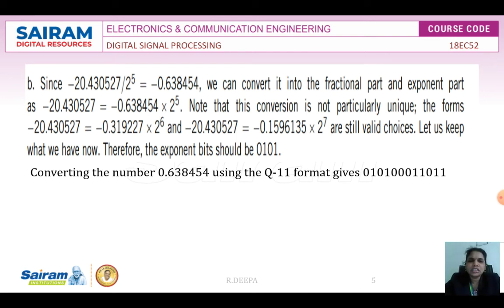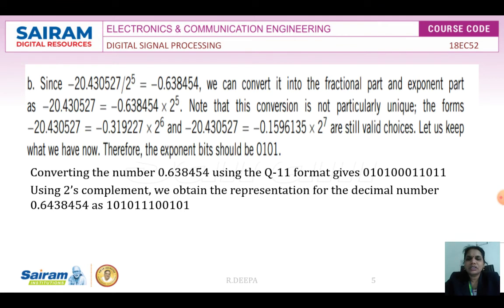As I told in the previous procedure, you multiply with 2, keep only the MSB, and the remaining fractional part you multiply with 2 till you collect all the 11 bits. Then you can combine with the exponent and write the entire floating point number.